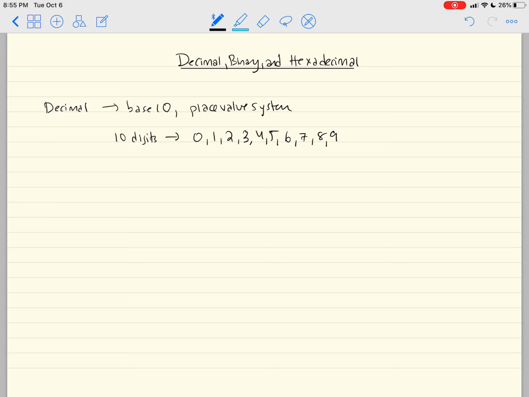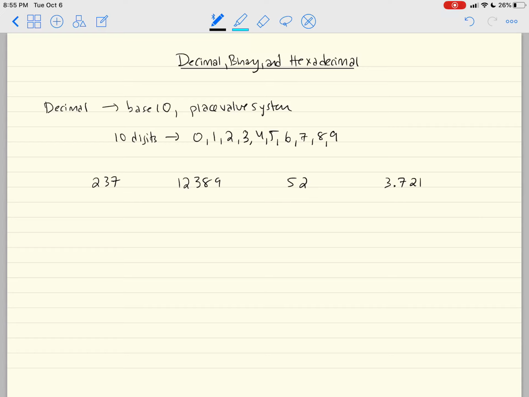The place value part means that when I put these digits in a number, they take on different meaning depending on what place they occupy. So consider several examples, all containing the digit 2. Because the 2's are in different places, they mean different things.